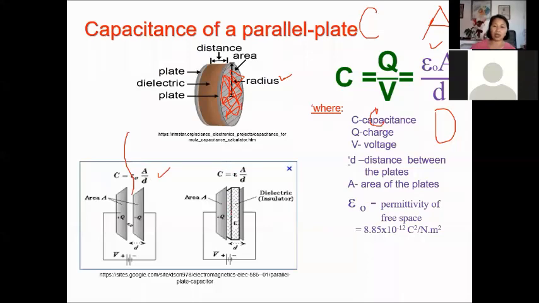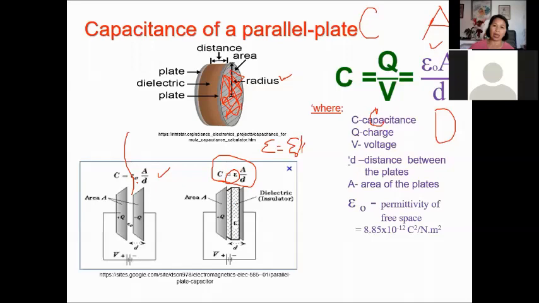But if there is an insulating material, take note that there is no more sub O, because epsilon is equal to epsilon naught, or permittivity of free space, multiplied by the dielectric constant that depends on the material. Again, if there is a dielectric material placed between two conducting plates, then we have epsilon.